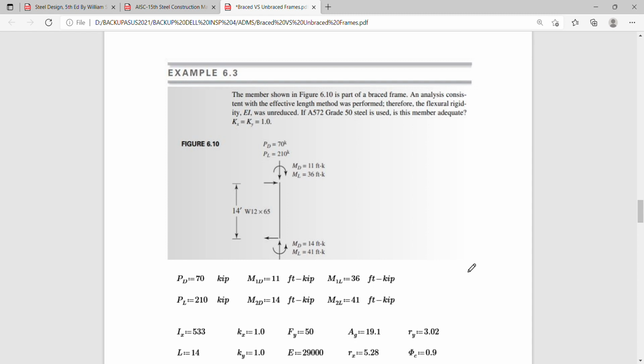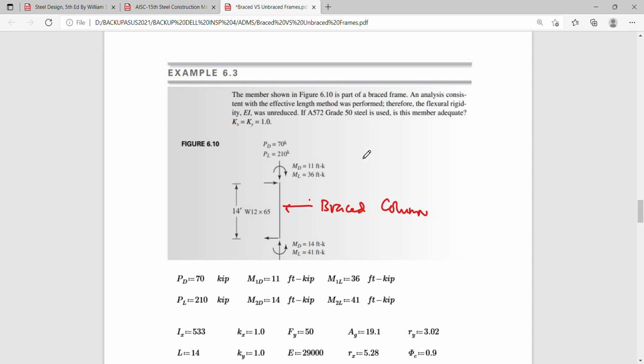Particularly on the brace column that is considered here, which is a part, of course, of a full frame. Okay, so this is a brace column, which is a part of a brace frame.